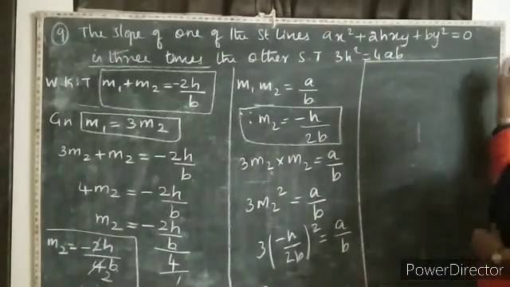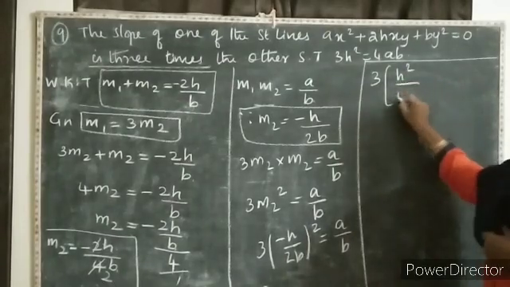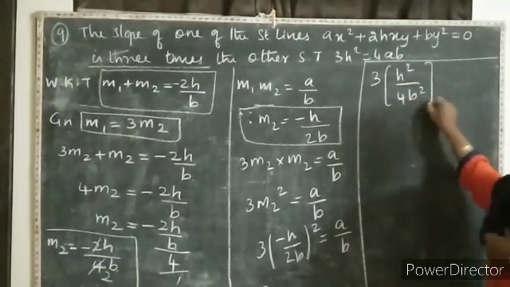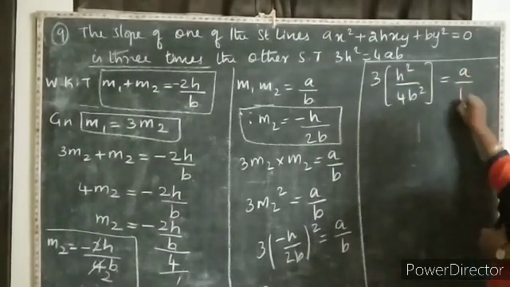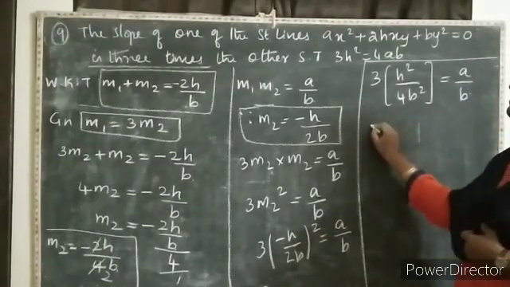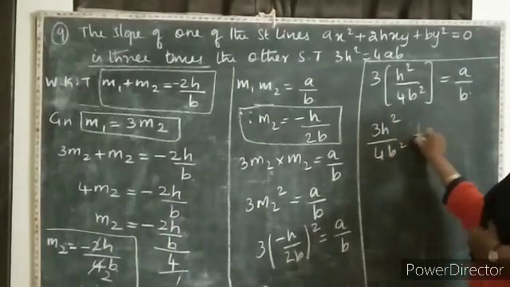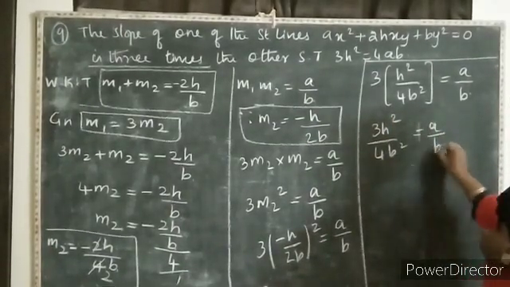So now this becomes 3 into h squared divided by 4b squared equal to a divided by b. So 3h squared divided by 4b squared is equal to a divided by b.